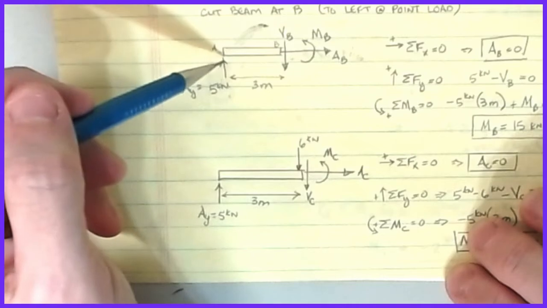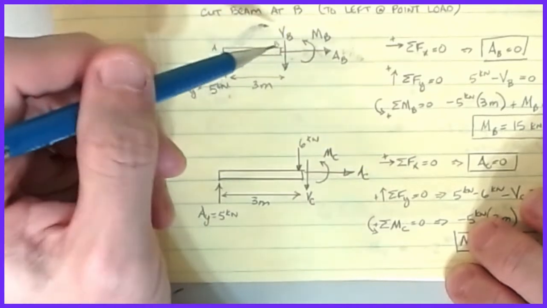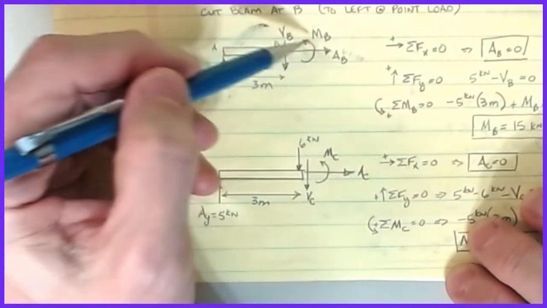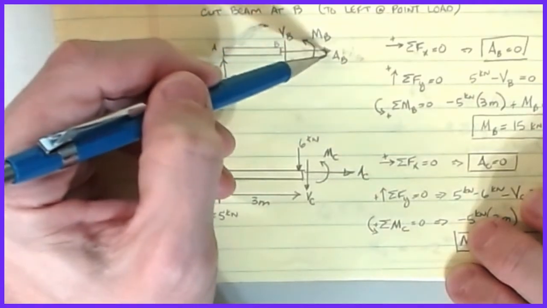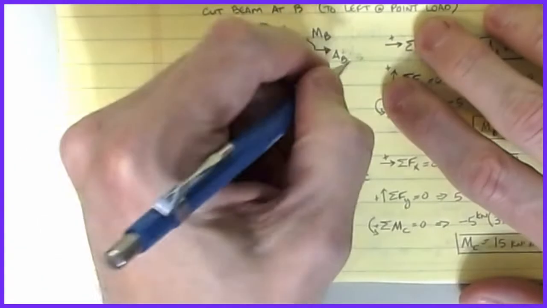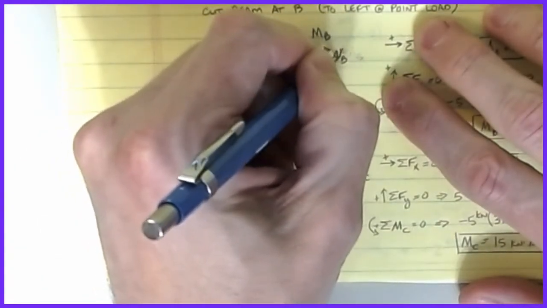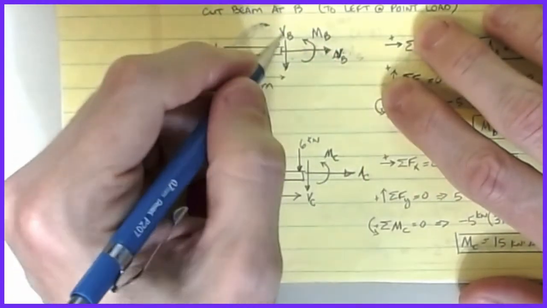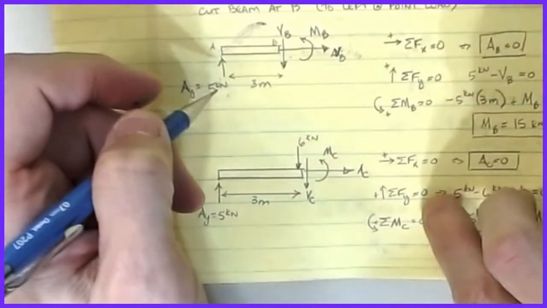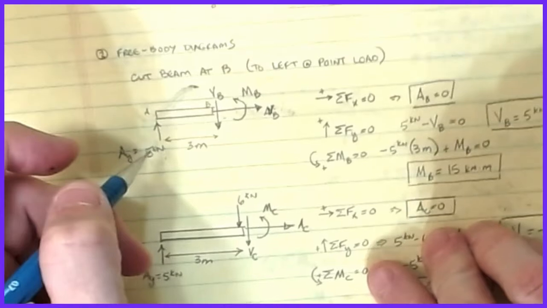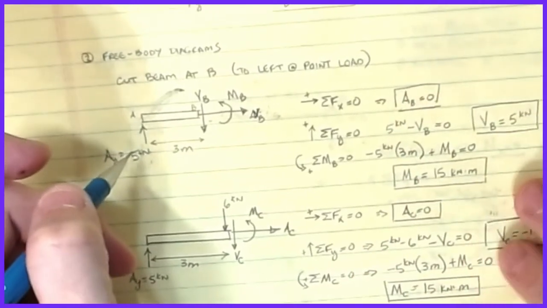I have my AY reaction, which was the 5 kilonewtons, and then I have these 3 forces as we defined them before. I have a counterclockwise moment, I have a tensile normal, which I called an A here, but it should be an N, and then I have my VB positive acting downward. I assumed everything positive, so if I get a negative sign in my calculations, I'll know that my picture is wrong. No major deal.